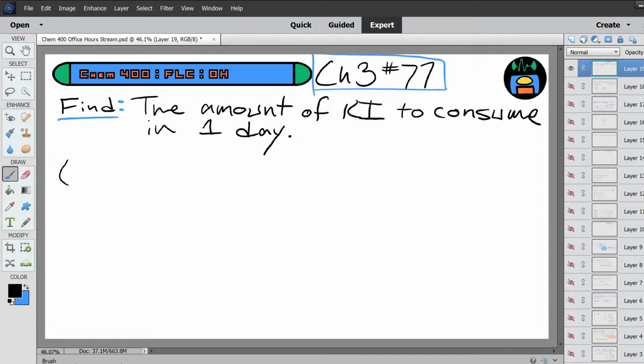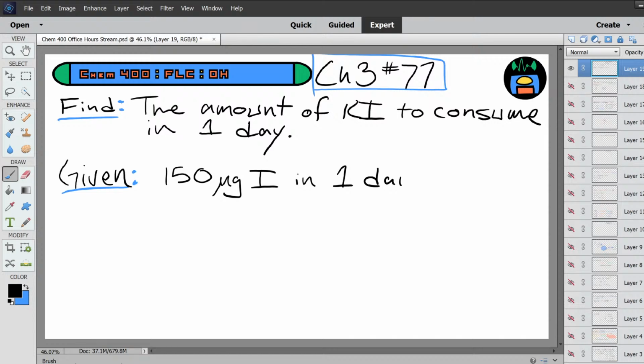We're given that we need to consume 150 micrograms of iodine in 1 day. All right, they tell us that.